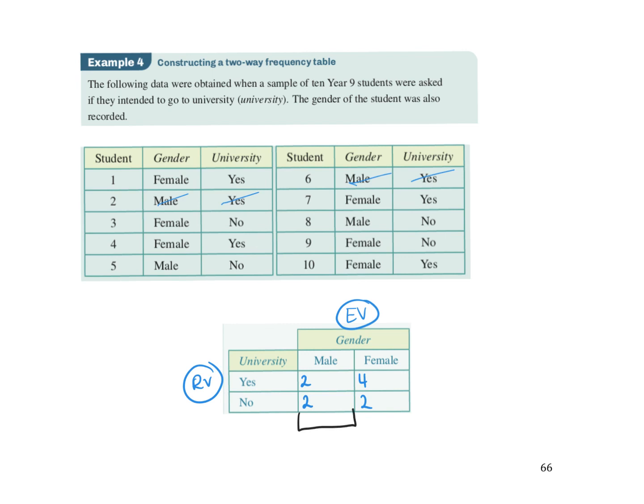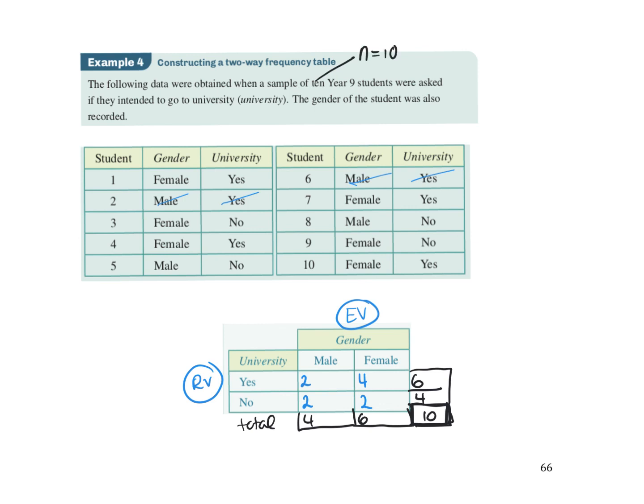We had 4 men in total, and 6 women in total, and then you can go out the total that way as well. There was 6 people who wanted yes to university and 4 no, and we should get a total of 10 here, and we do, because 10 were surveyed.